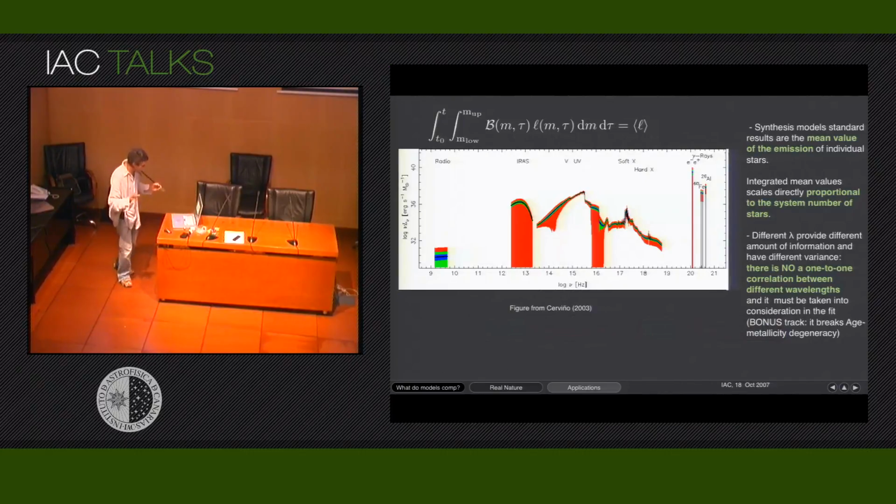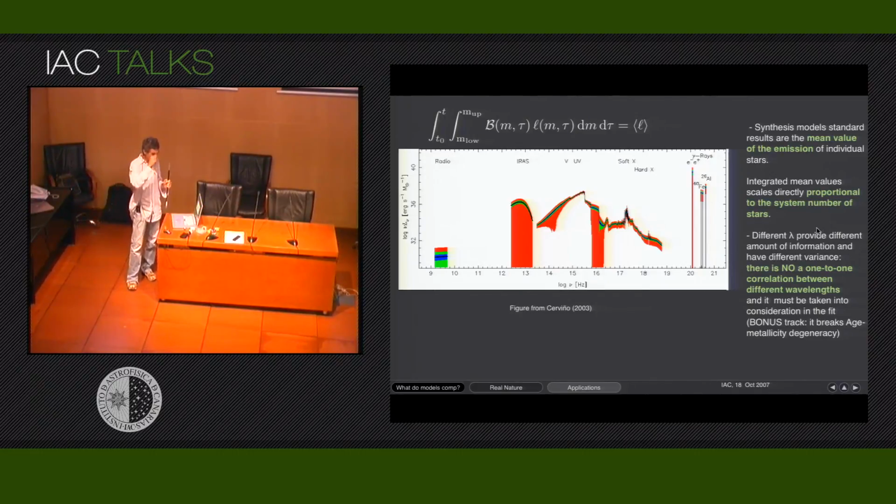So, in a brief summary, and I have a few slides more, the synthesis model just reproduces the mean value of the emission of individual stars. The integrated mean values are proportional to the total mass or the total number of stars, but not the actual values.